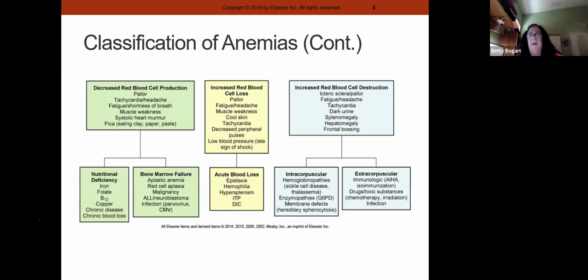Then we have increased red blood cell production, but the destruction, these cells, they're born and they're destroyed. One of the biggest ones is, and we've heard of it, sickle cell anemia. These are sickle-shaped cells that are made and they die quickly. So again, big, low hemoglobin hematocrits because of this destruction. The other one that we see is thalassemia.